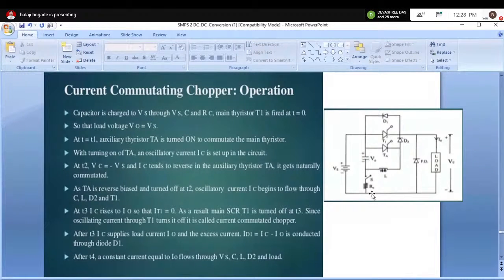Means we can get the load voltage equal to the source voltage.